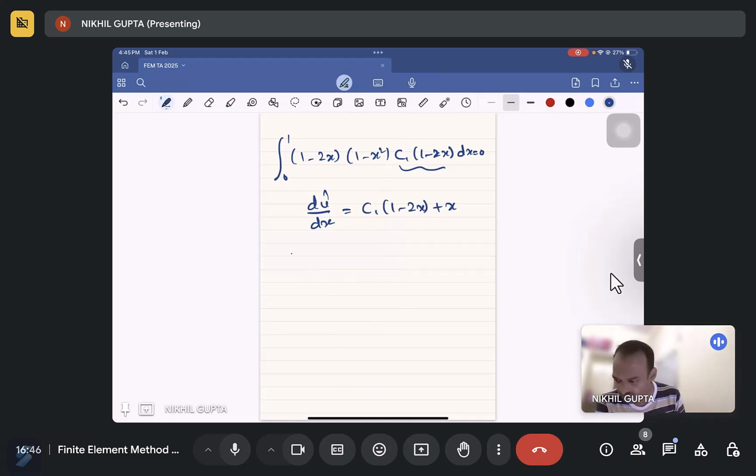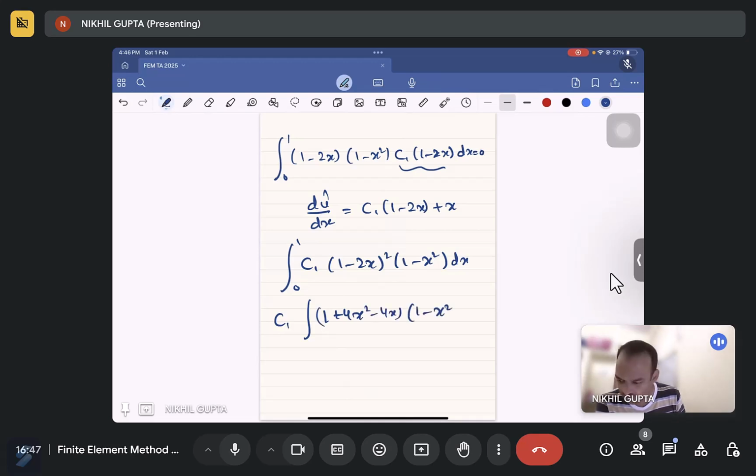When you solve this, c1 will also be there. You will get c1 times the integral of (1 minus 2x) whole square, (1 minus x square) dx from 0 to 1. When you solve, you will get c1 out, integration of (1 plus 4x square minus 4x)(1 minus x square).